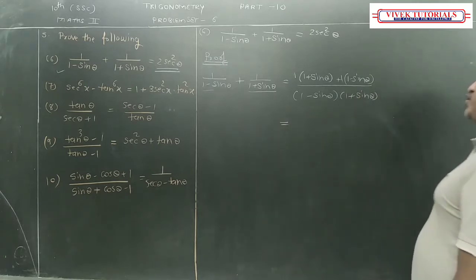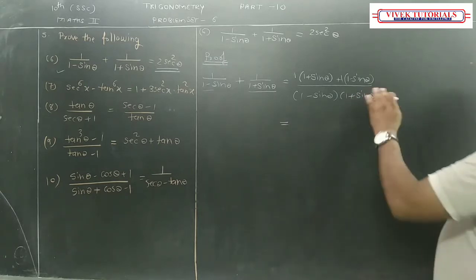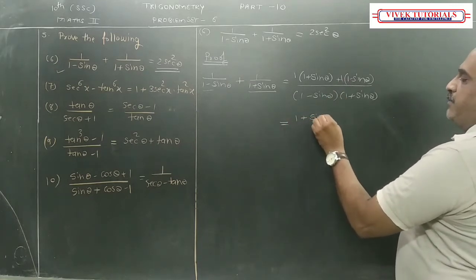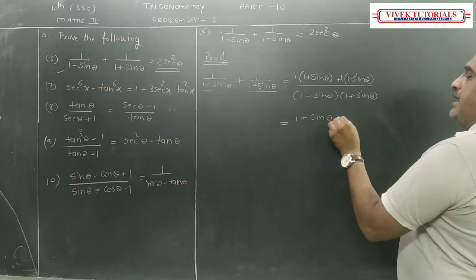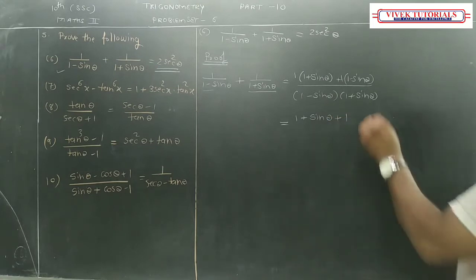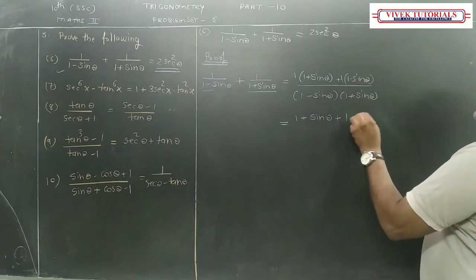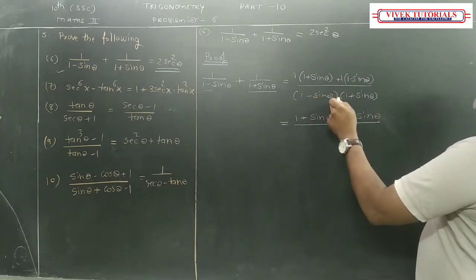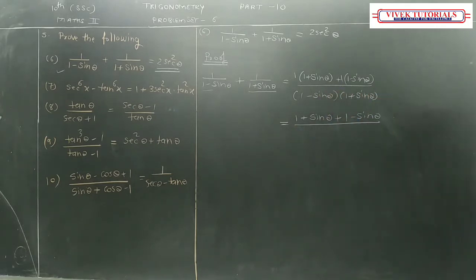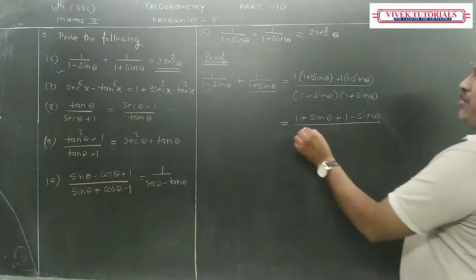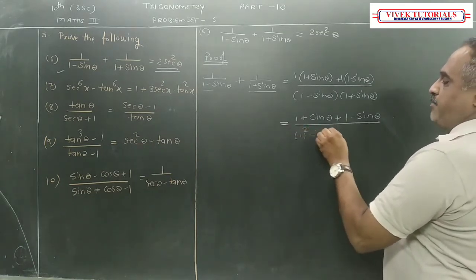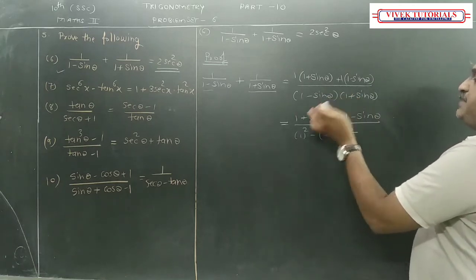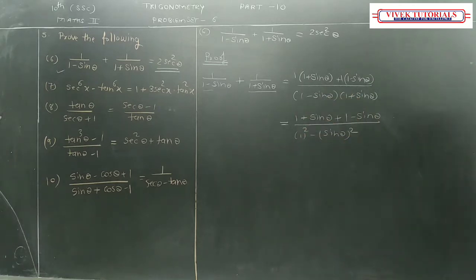Now if you open the bracket, the numerator becomes 1 plus sine theta plus 1 minus sine theta. The denominator is a minus b into a plus b, which is a square minus b square, so 1 square minus sine theta the whole square.